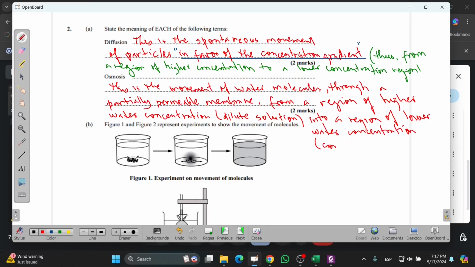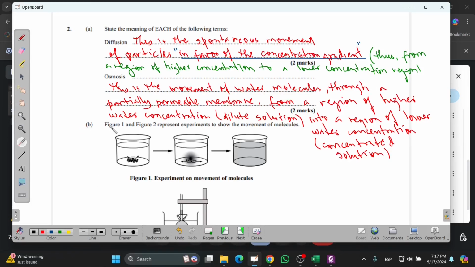A concentrated solution. But that is defining osmosis in all its terms, right? Kind of a lengthy definition, right?